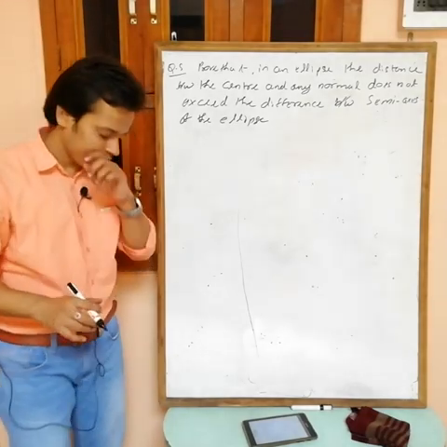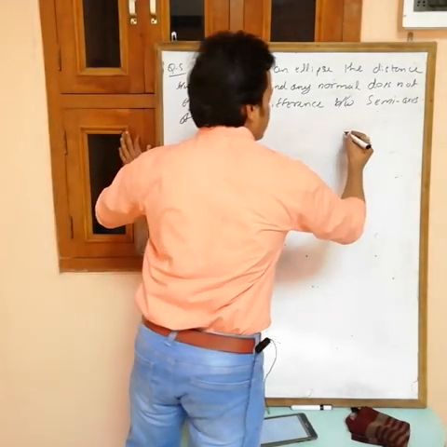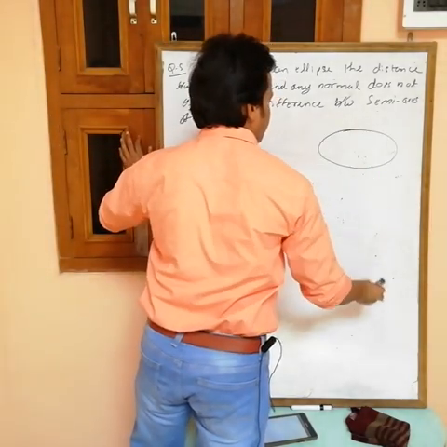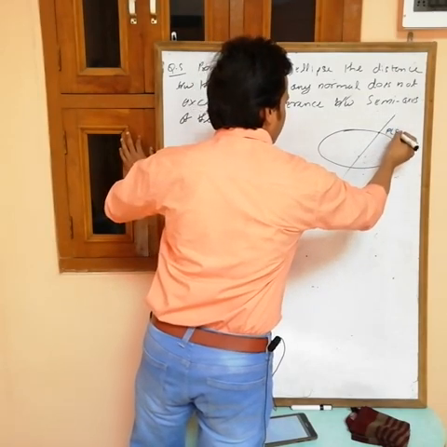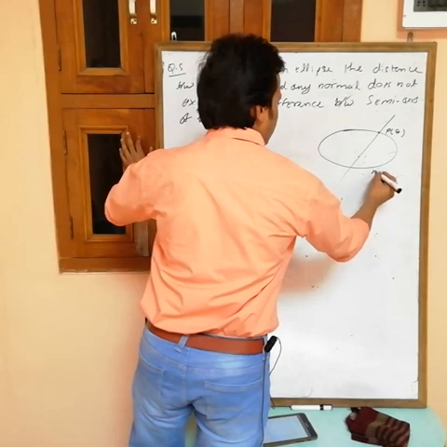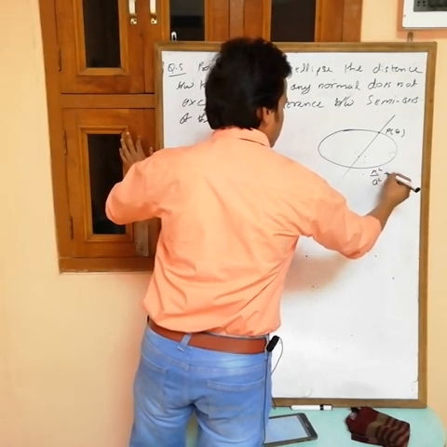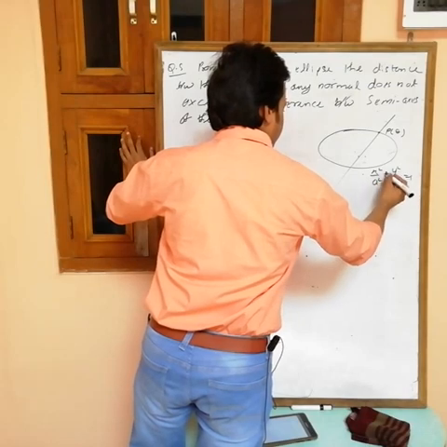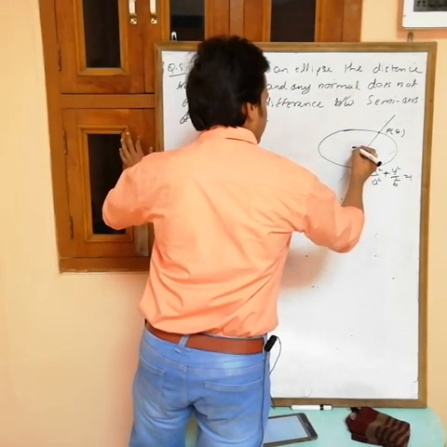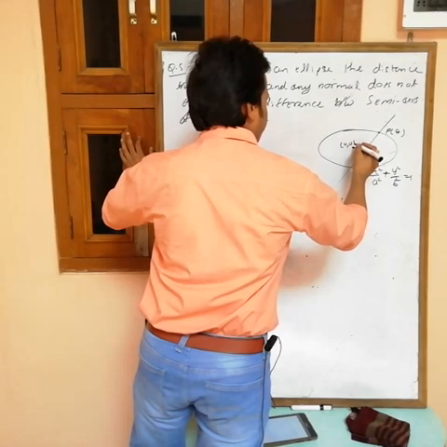Suppose this is the ellipse and this is the normal at any point P with parametric angle theta, and the equation is x square by a square plus y square by b square equal to 1. And this is the center (0, 0).